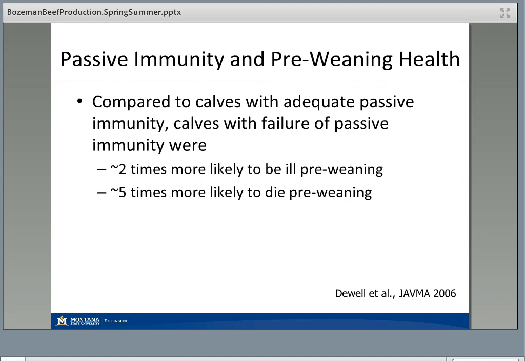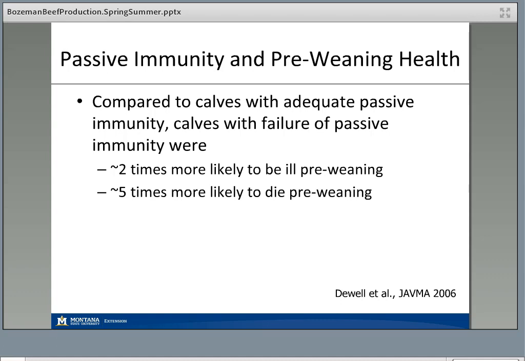So one of my favorite experiments was in Nebraska, where they looked at calves who were born and let them get up and nurse and didn't help them at all. And then after about 24 hours post-birth, they took a blood sample from those calves to see how well the colostrum immunoglobulins had reached their blood.